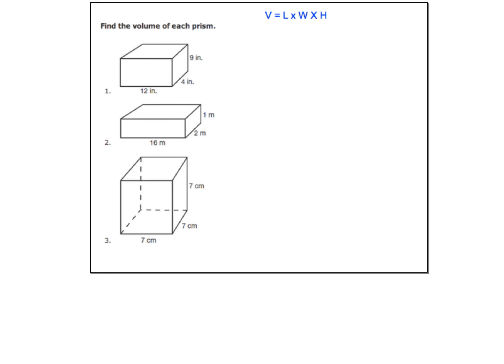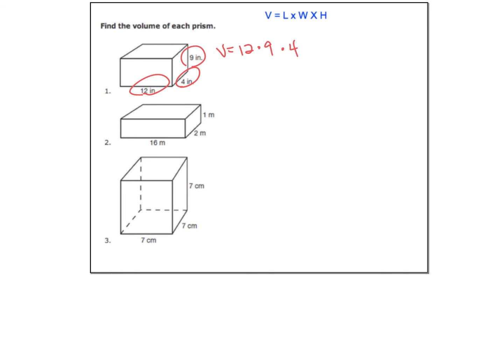And so for our first problem here, we're going to just multiply all 3 of these numbers times each other. So volume equals 12 times 9 times 4. And so we will just type those 3 numbers into our calculator. So 12 times 9 times 4.